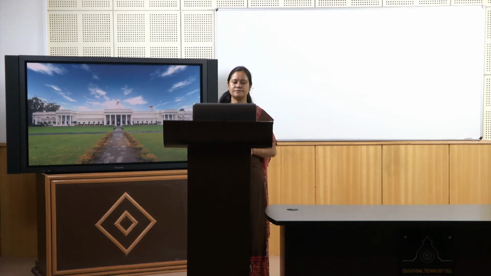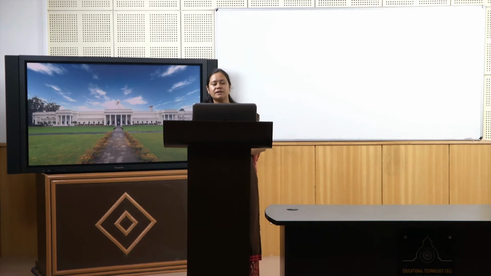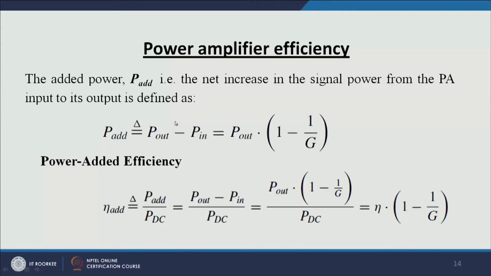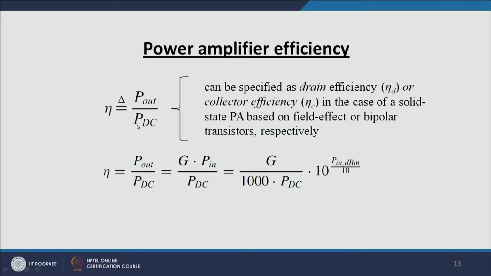Now, that was the drain efficiency. Apart from that, you will also hear the term power added efficiency. What is power added efficiency? It is given with respect to the added power. As I said, the output power takes its power from the DC source. When we say output power divided by DC power, we are talking about all the power at the output.